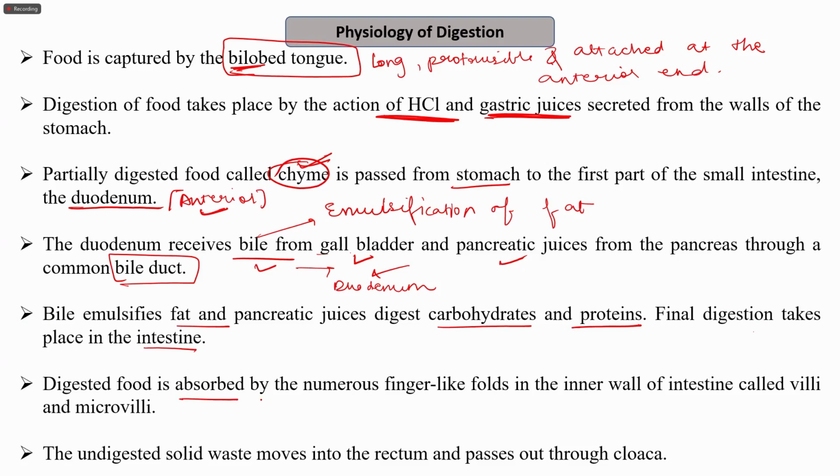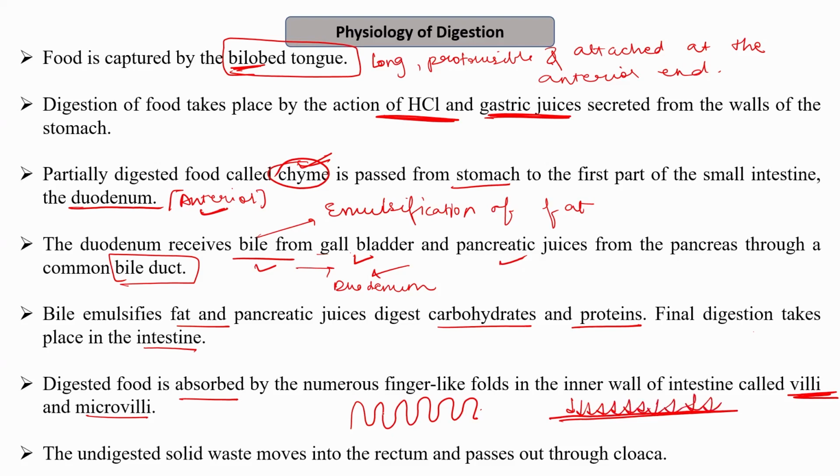Digested food is absorbed by numerous finger-like projections present in the walls of the intestine, called villi or microvilli. Why is it a finger-like projection? Because if instead it were a linear structure, then the absorption of the food would be only through this surface.